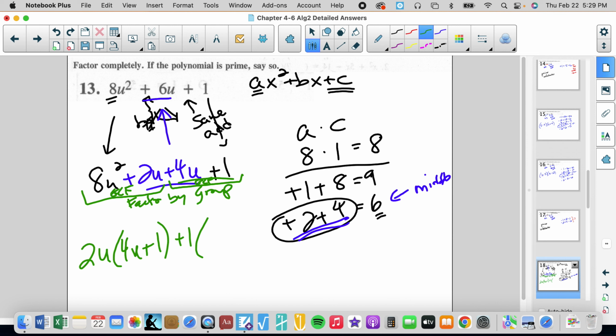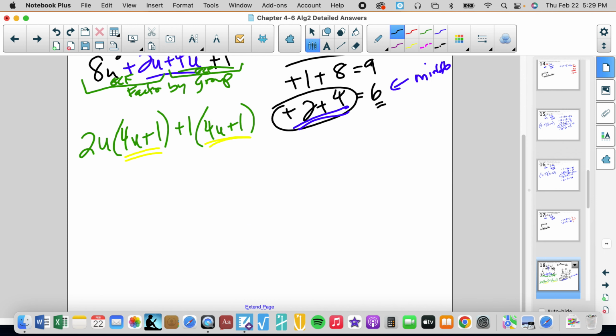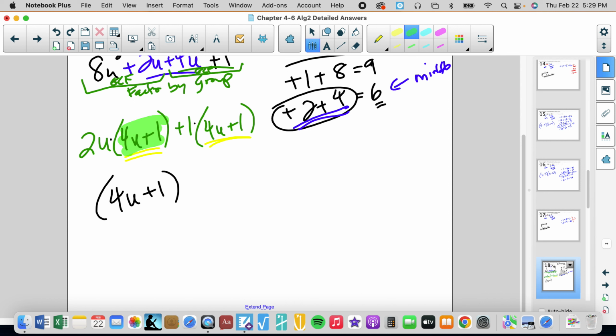If I take a 1 from 4u, you get 4u. If I take a 1 from 1, you get 1. How do I know I did it correctly? Because these must be the same. That's how you know you did it right. So I'm going to pull out the 4u plus 1 because that's a common factor. And if we pull those out, you're left with 2u plus 1.